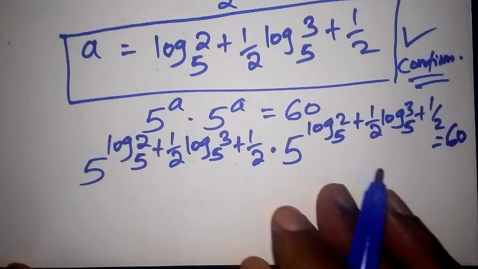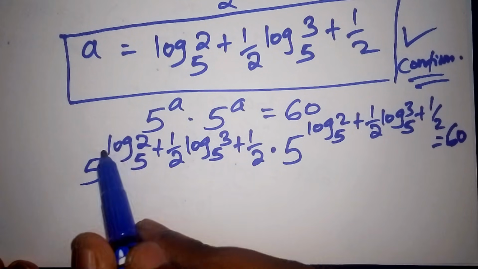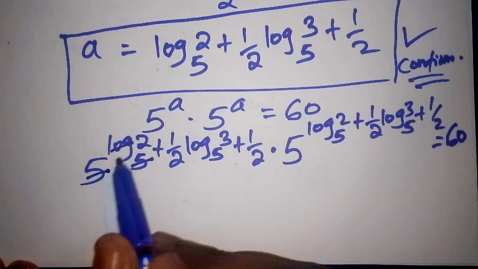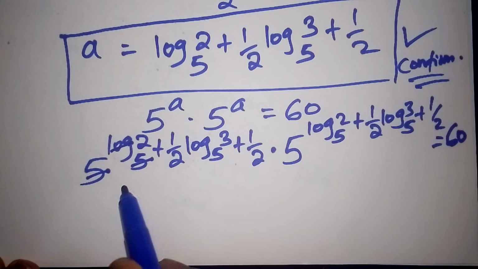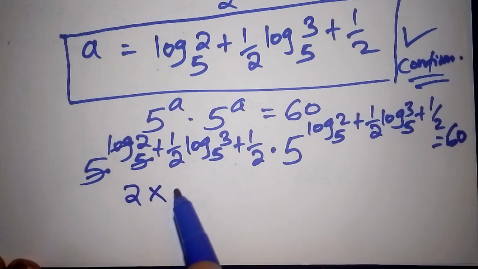So the log to the base of 5 cancels this 5. Here we have 2, then the plus changes to multiplication.